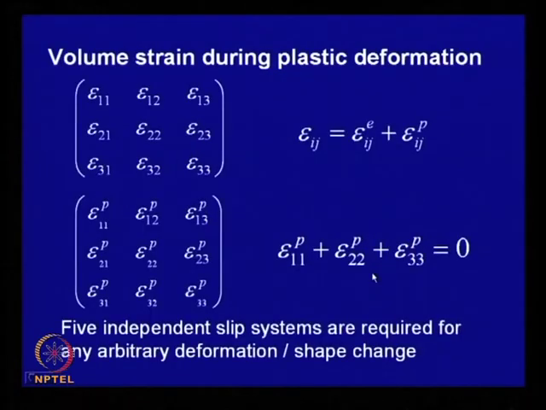Now, a quick look at the state of stress, because we have just looked at stresses and strains. They are represented much more conveniently in the form of this matrix, like epsilon 11, 12, 13. This represents a state of strain at a particular point. Now, the strain can have two components: elastic, which is recoverable, and plastic.